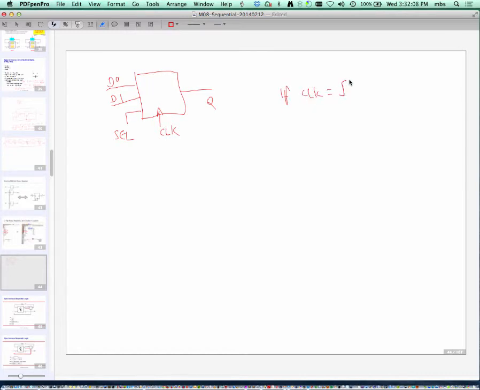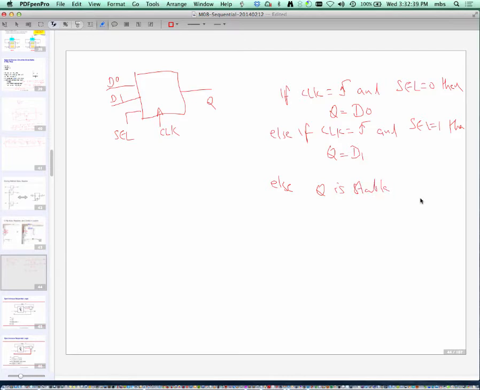If clock has an edge and select equal to 0, then Q equal to D0. Else, if clock has an edge and select equal to 1, then Q equal to D1. Else, Q is stable.